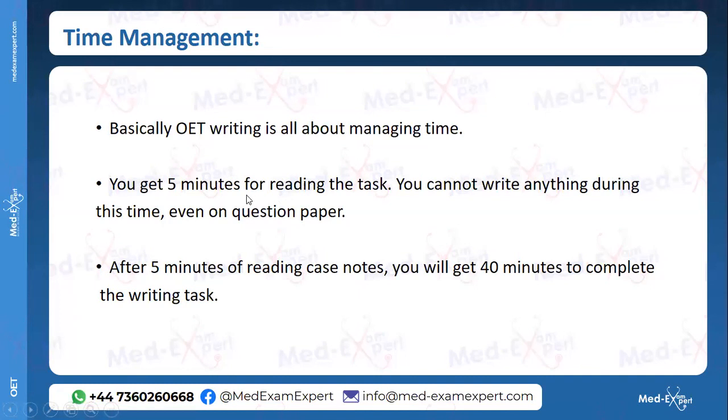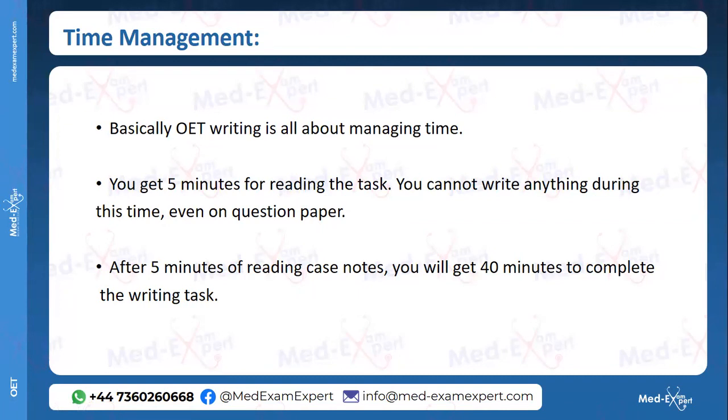Basically it will be a letter. It will be case notes on which you are supposed to write a letter. These case notes, you have to read in 5 minutes. You cannot write anything during this time, even on the question paper. This time is very important.